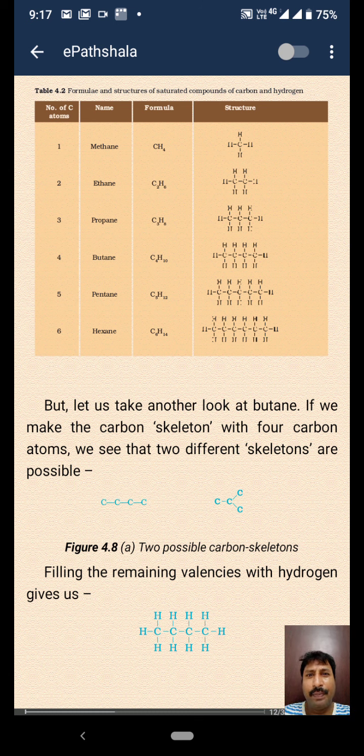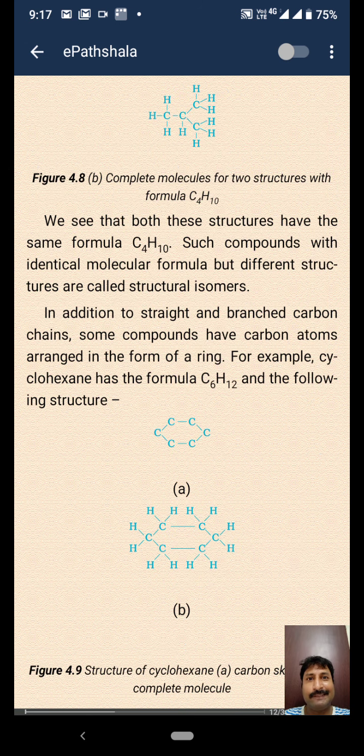Methane, ethane, propane, butane, pentane, hexane indicate the number of carbons present. The structure is very important. Just go through it once. For example, C4H10 is common. How can the arrangements be written? Same molecular formula but different structures are called isomers.